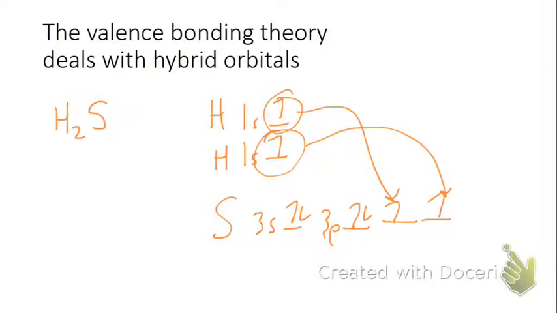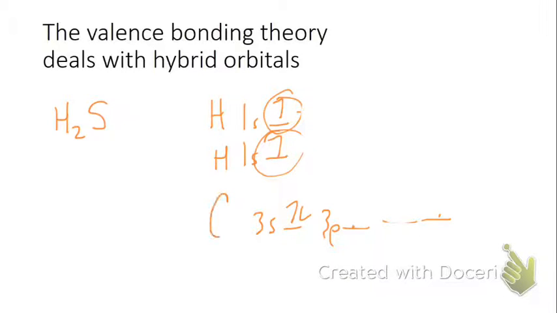Now, let's keep the hydrogen circled, but let's change sulfur to carbon. So we're going to make this 2s, this 2p. And so instead of H2S, we're going to look at CH4.